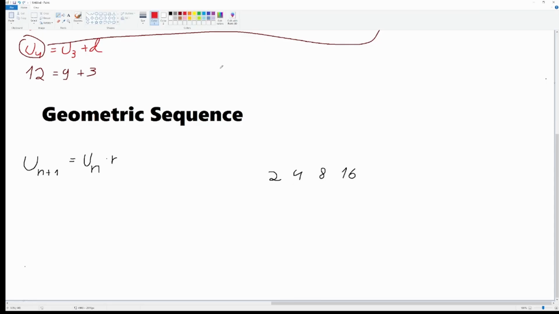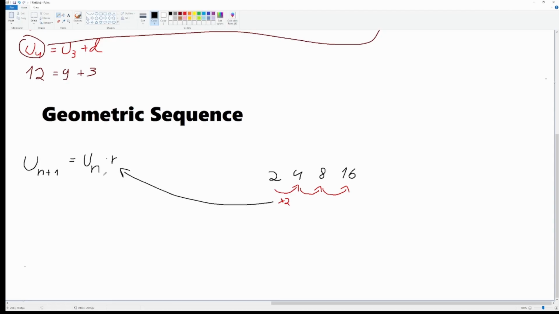And here you also start to notice a pattern that it gets 2 times bigger each time. r is the common ratio here. Therefore, we can understand that r is 2.